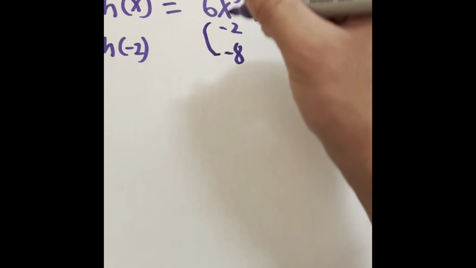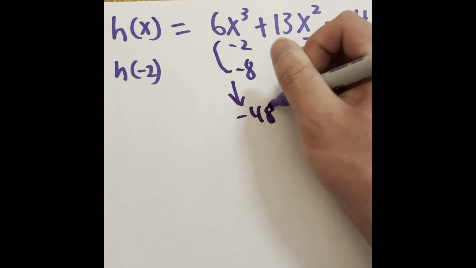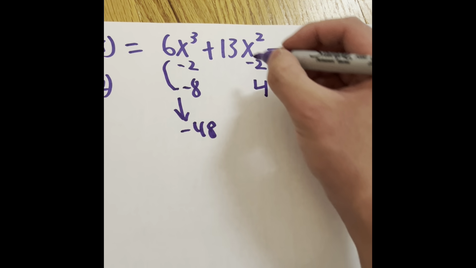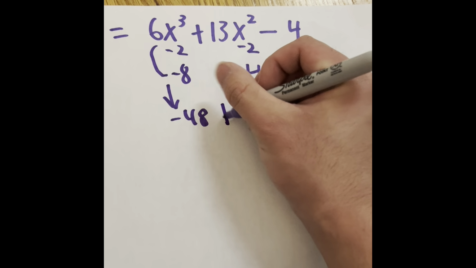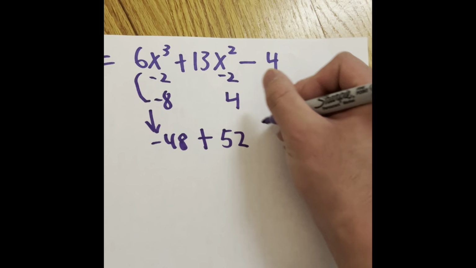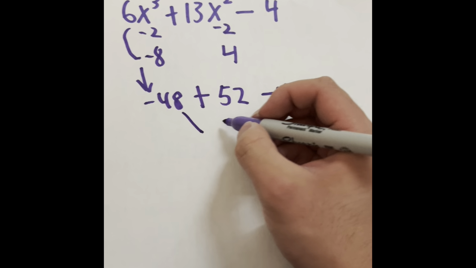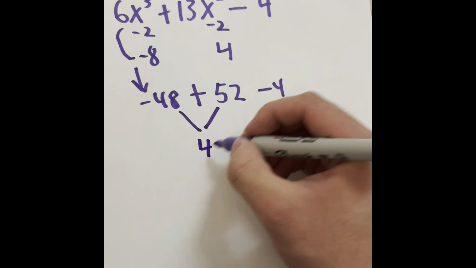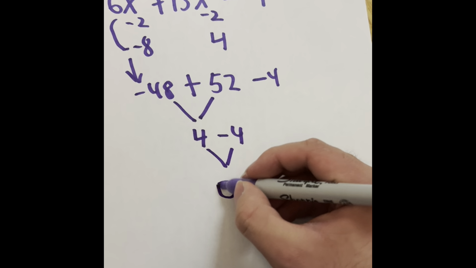Negative 8 times 6 is going to bring you to negative 48. Negative 2 to the power of 2 is 4. And 13 times 4 is 52. And you add it because it's a positive. And then minus 4. But wait, this and this is going to bring you to positive 4. Negative 4 again, and that brings you down to 0.